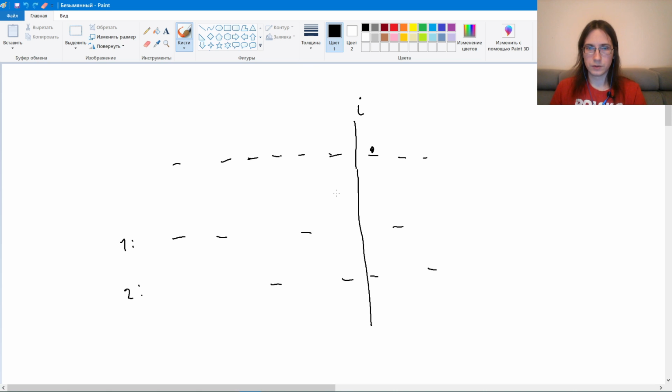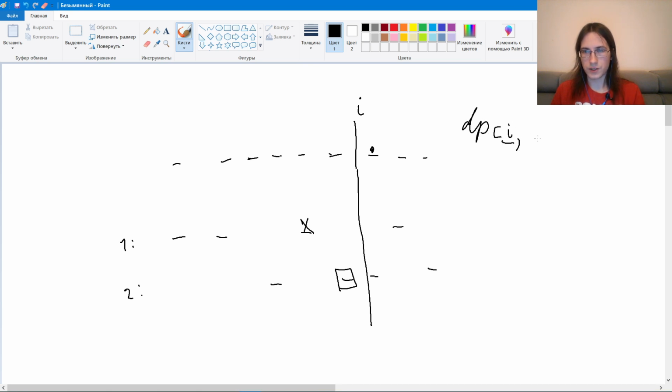So for example, in this case, what we can store is the last move. So where did we add the previous value? In this case, it will be 2. And for the other sequence, for the first sequence, we store this value, the last value added to this sequence. So our DP has three parameters.